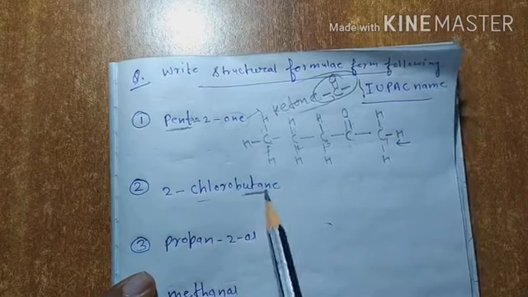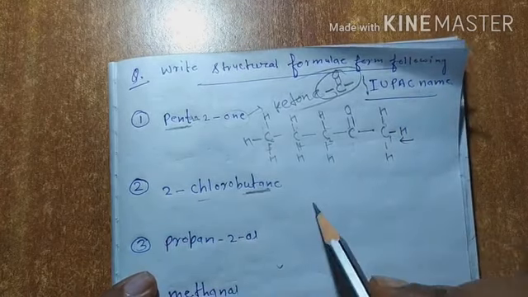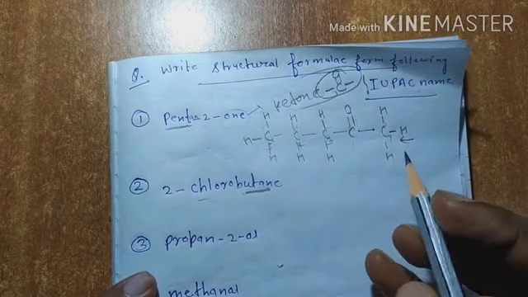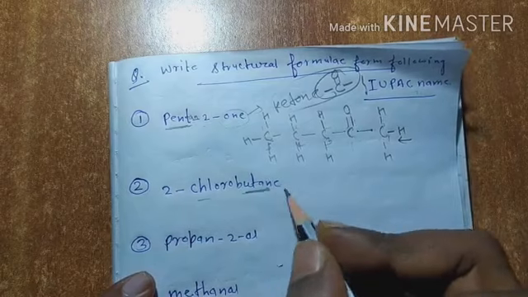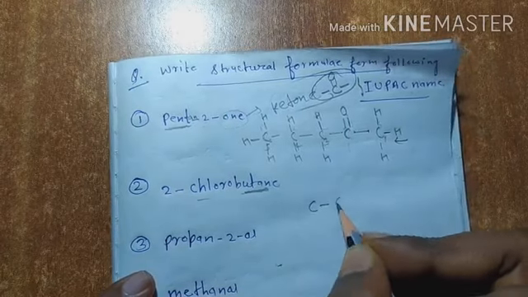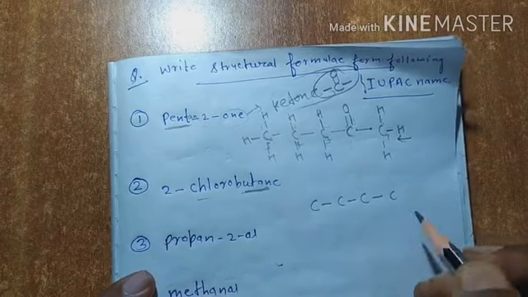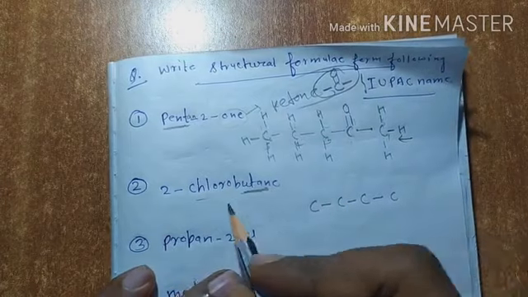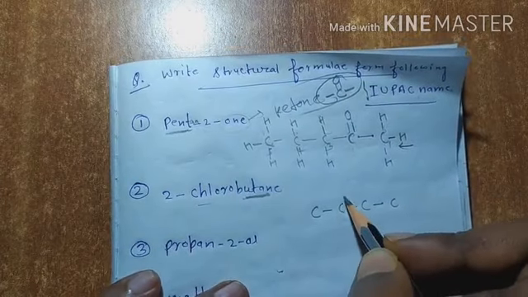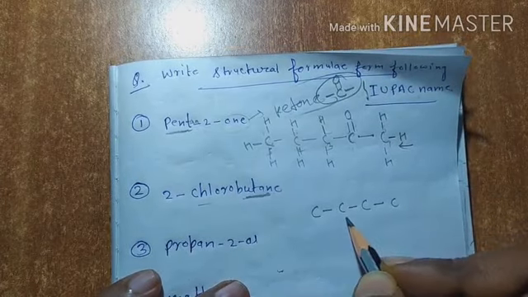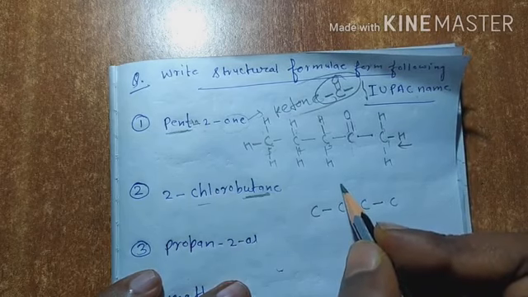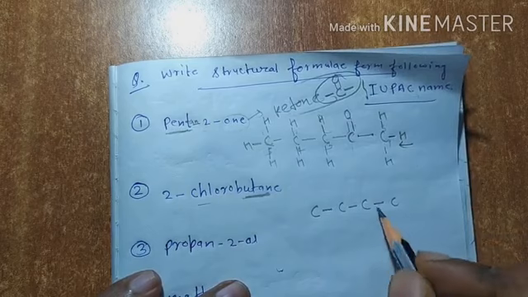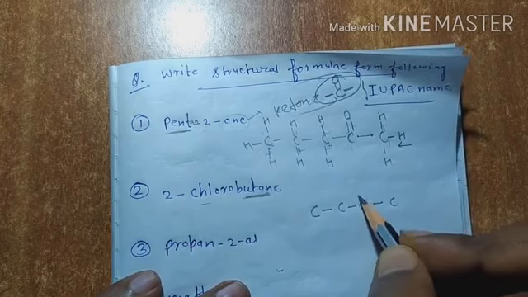2-chlorobutane. Butane means the number of carbon will be 4, and ane means single bonds between carbon atoms. 2-chloro. So if I give 1, 2 from this side, the chlorine atom will become here. If we give 1, 2 from the other side, chlorine will come there. So both will be correct.